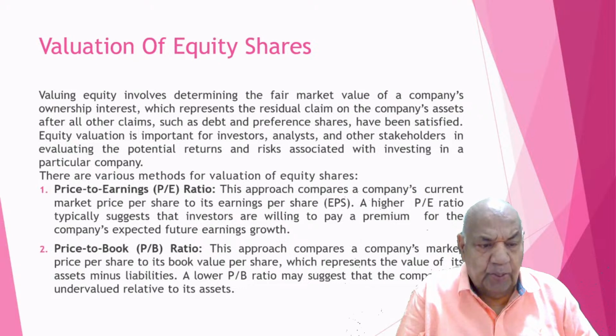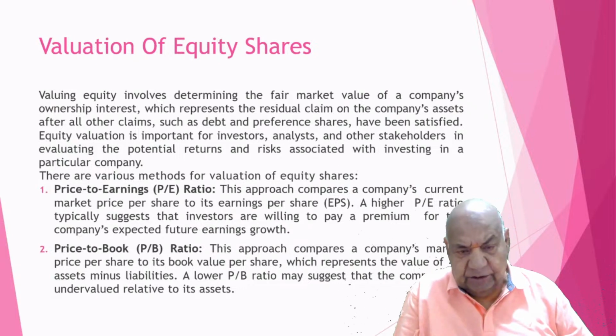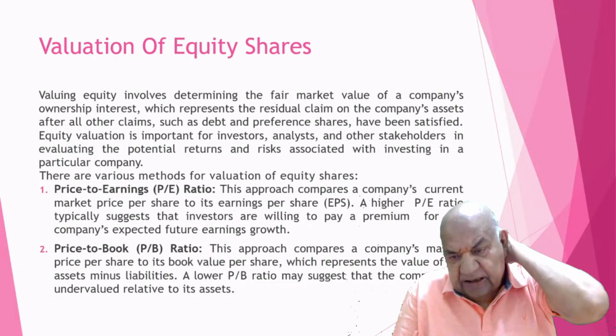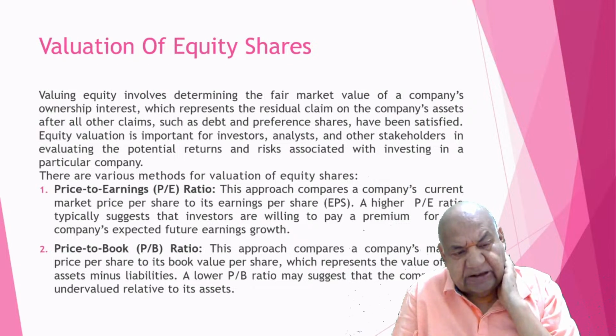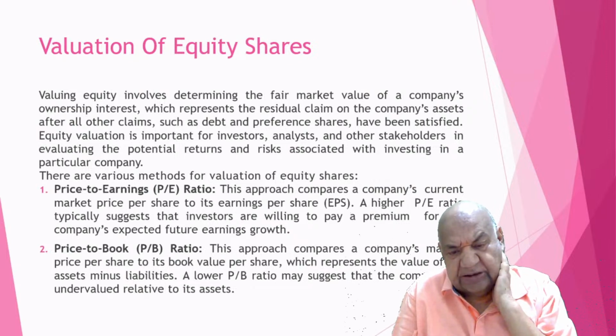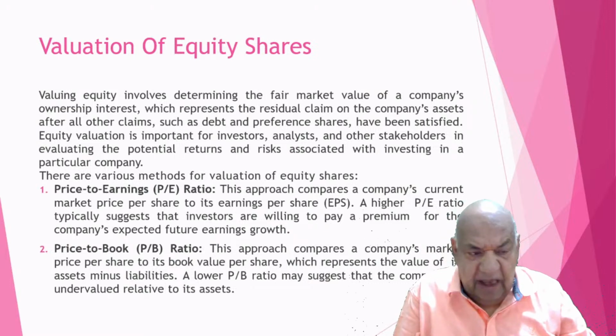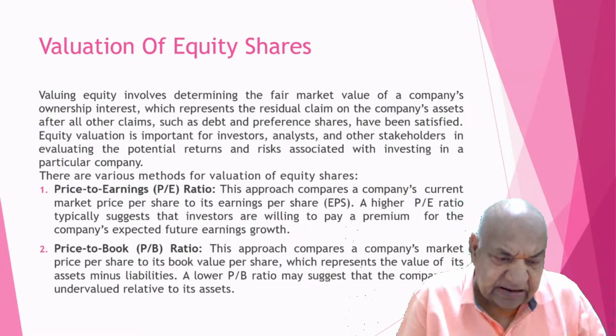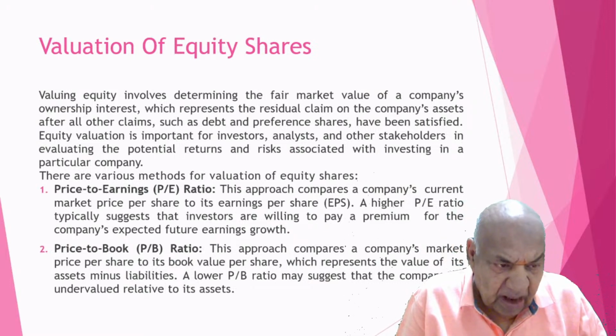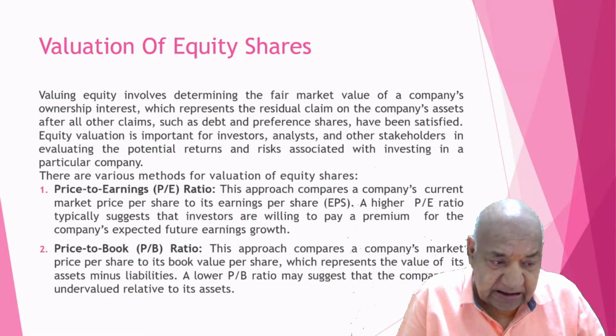Number two, price to book value ratio. This approach compares a company's market price per share to its book value per share, which represents the value of its assets minus liabilities. A lower price to book ratio may suggest that the company is undervalued relative to its assets.